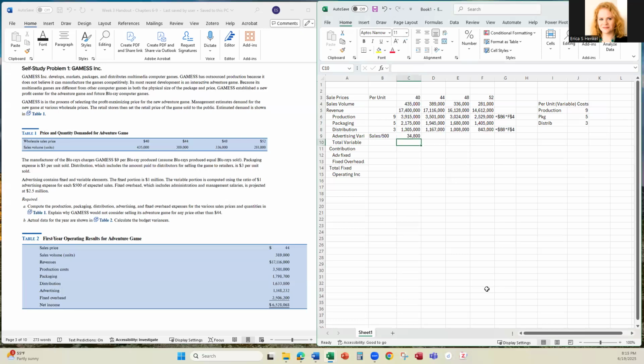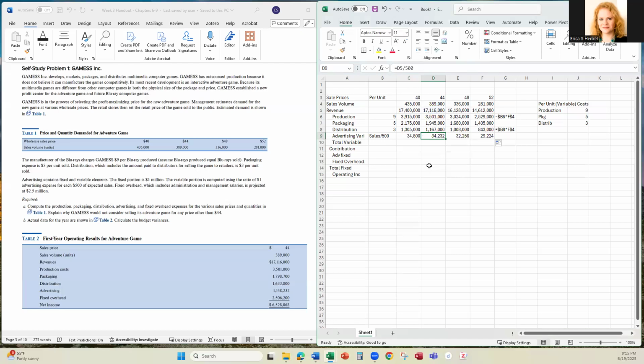And we'll know if I get this right if I take that and add it up with, okay, so the fixed advertising is 1 million. And they came up with for advertising 1,148,000. Oh, let's see, so at 434,232. Let me double check that. Revenue, it was $500 of expected sales. So it should be that divided by 500, right?